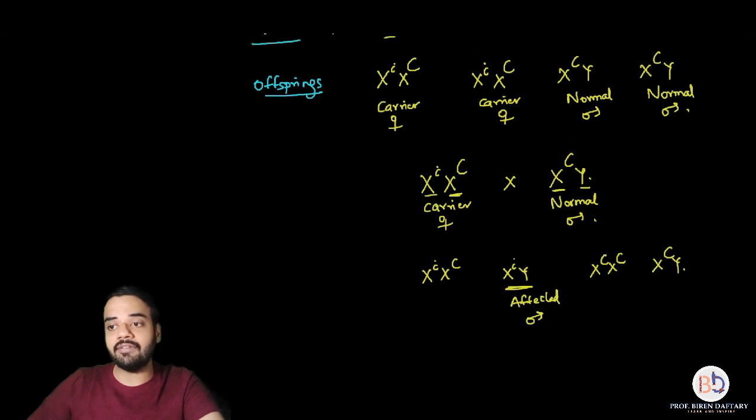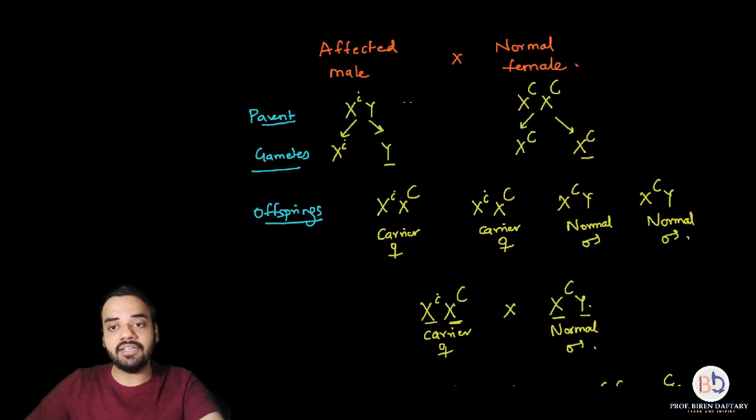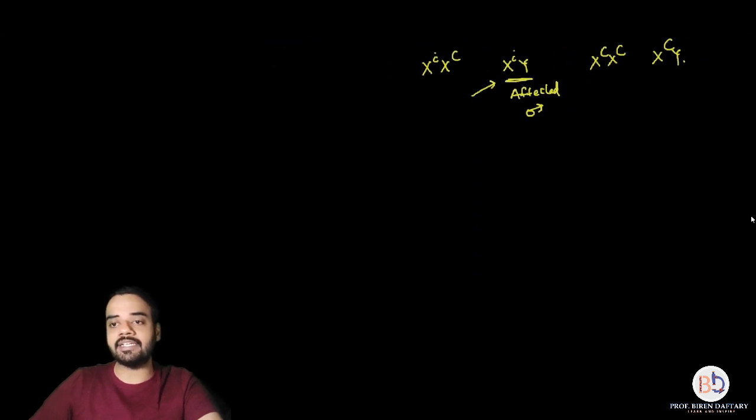So if you take both the crosses, the father initially over here is passing on the defective gene to the daughter over here, and the daughter is passing the defective gene to the son over here. And this kind of inheritance is called crisscross inheritance.